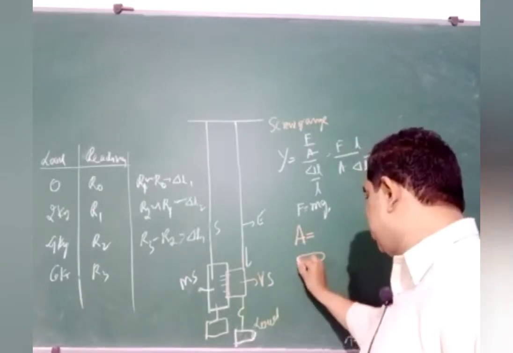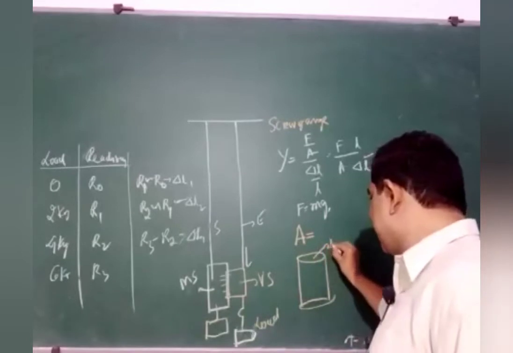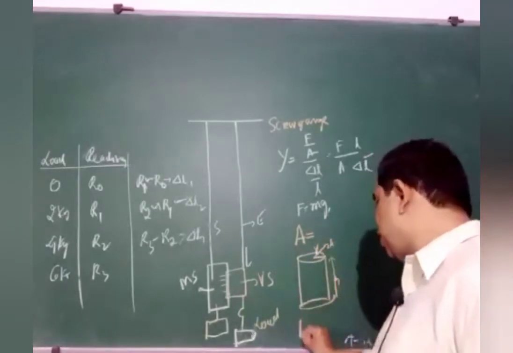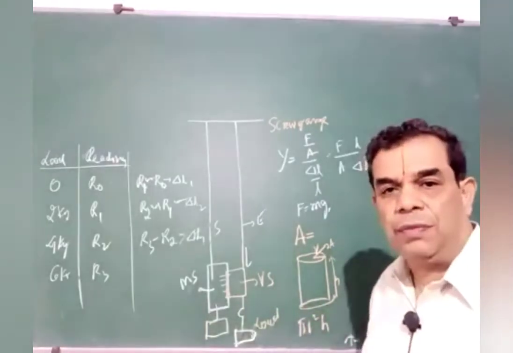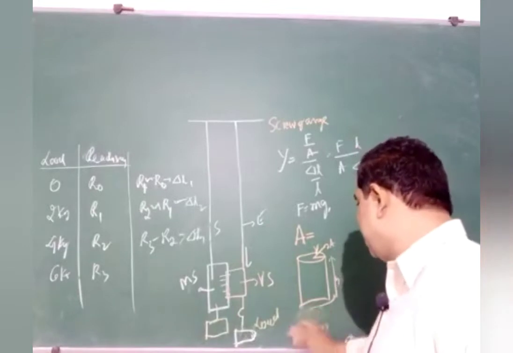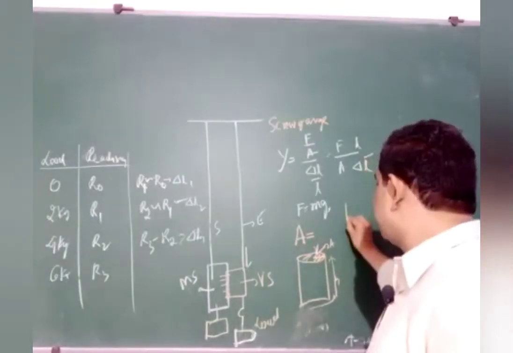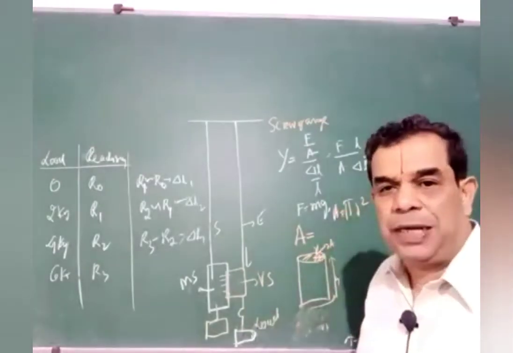If this is the cylinder, this is the area I am asking. This is the height, and many of you said pi r square h. That is the volume. In fact, simply the area of the circle is required, pi r square only.